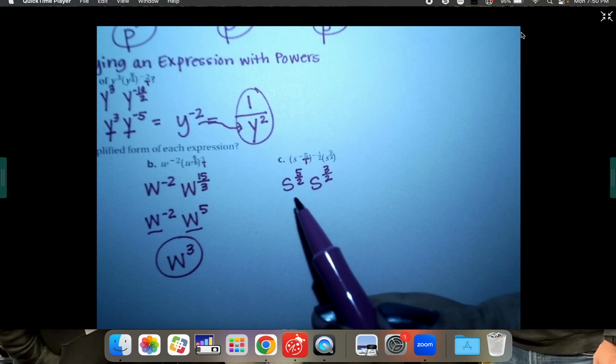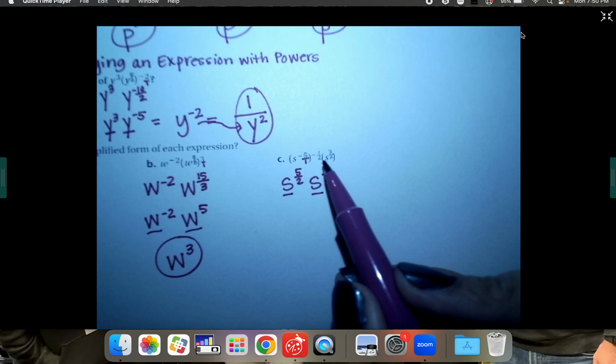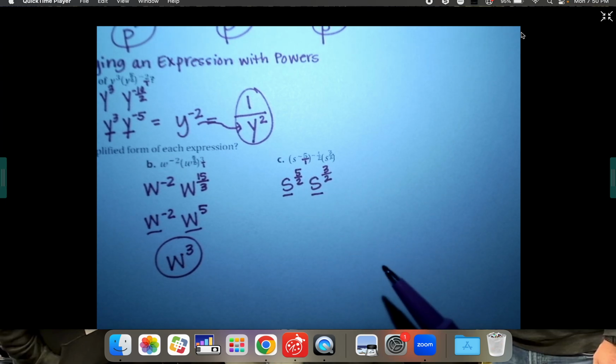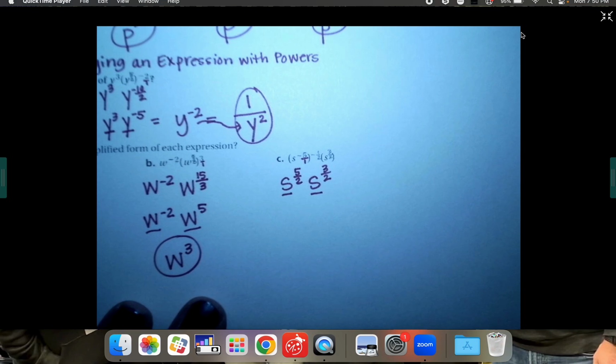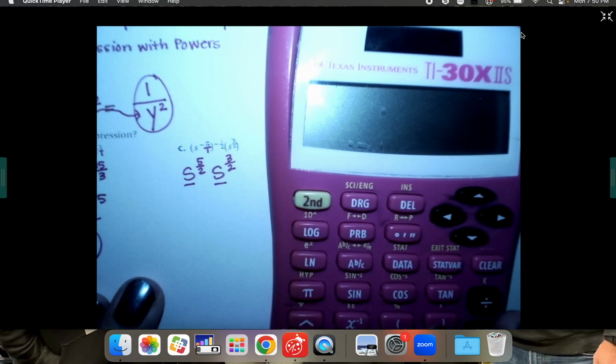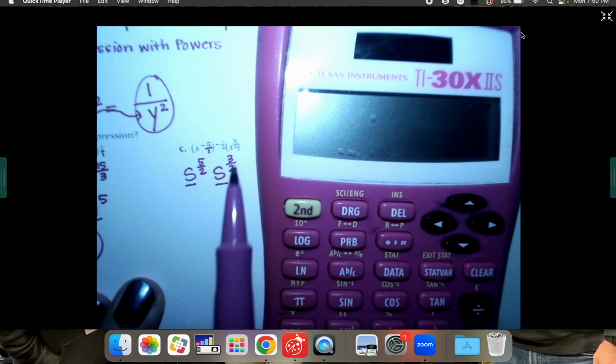Okay, since these are the same bases, you can add their exponents, and if you forgot how to add fractions, the denominator has to be the same, and then all you do is add the numerator, so it'd be 8 halves. But let's say I forgot. Let me just remind you how to use your calculator to figure out fractions. I need to add 5 halves plus 3 halves.